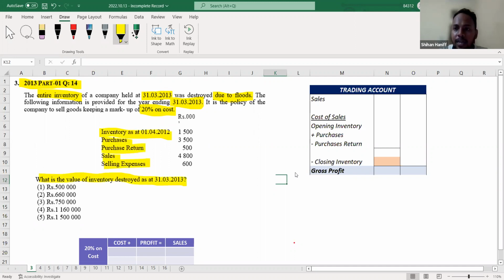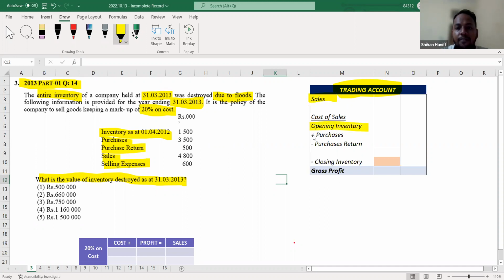If you get a question like this, identifying the closing stock, identifying the destroyed stock, prepare the trading account as a working. Sales amount is given, sales return is not given.